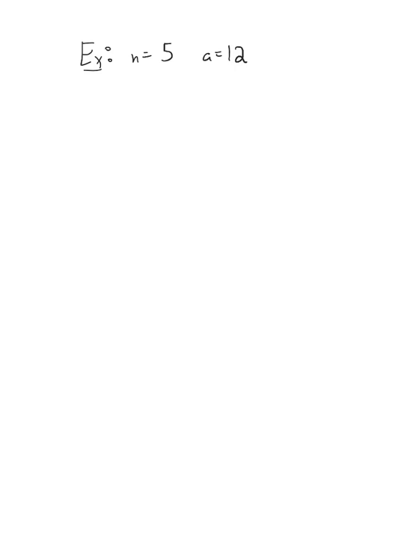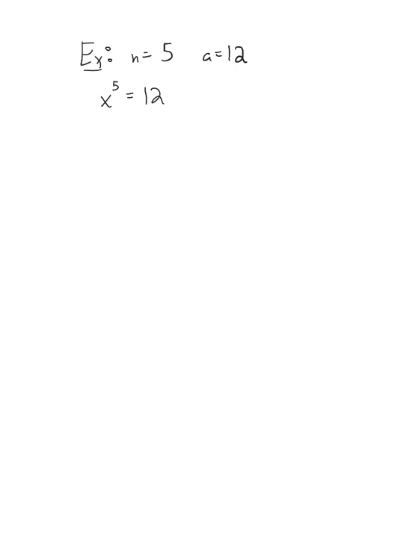Then the solution to the equation x to the 5th equals 12. Well, it turns out, and I guess you guys can see this from what we talked about last lecture, that this is going to be an irrational number.